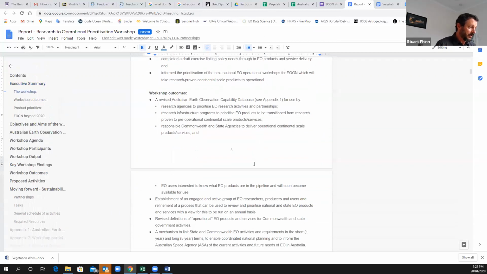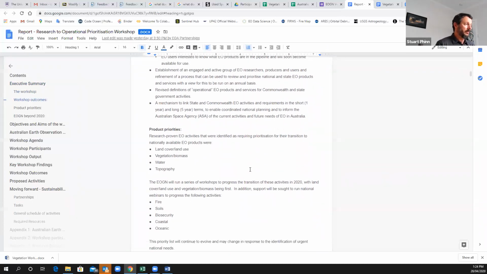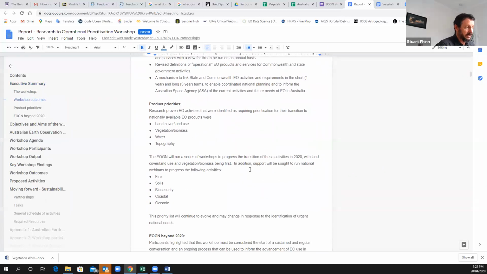If you look at the outcomes at the bottom, the product priorities that we came up with were land cover and land use, vegetation, including biomass, water and topography, and then there was a secondary list. So we've started going through these priorities, with the aim of figuring out how we go from research to operational and build on what we did last year. That's where we're starting from at the moment.